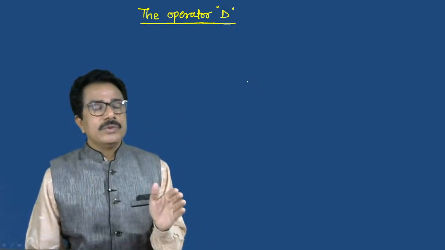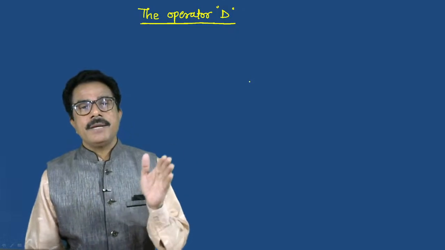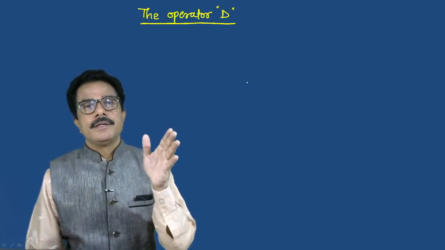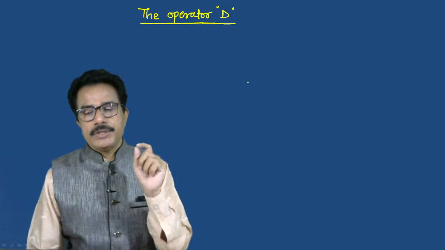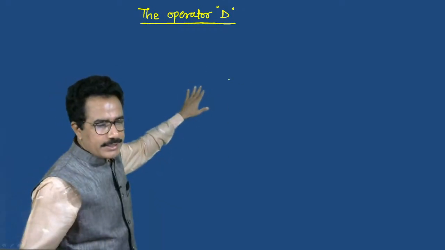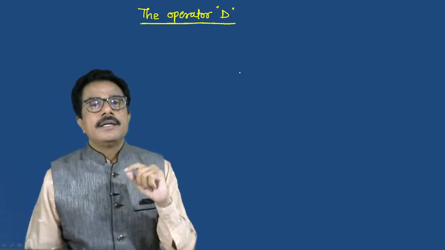Now we have to express the relation between D and E, D and delta, but you note that the operator D stands for derivative.